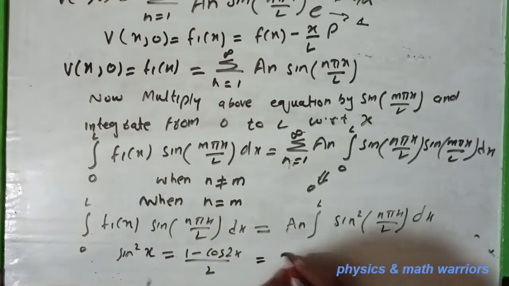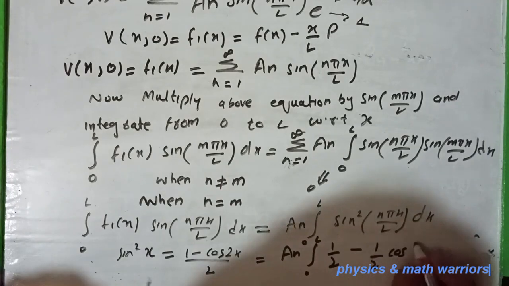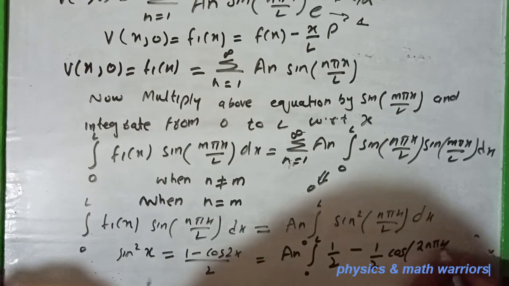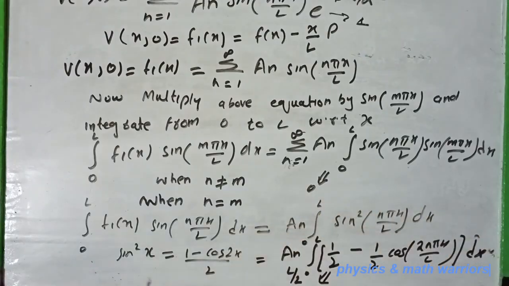So this integral is equal to an integral from 0 to L 1 over 2 minus 1 over 2 cos 2 n pi x over L dx, and this integral always gives L by 2.